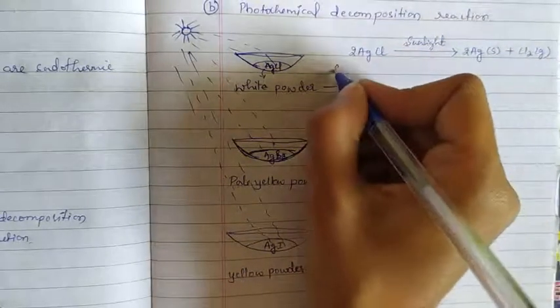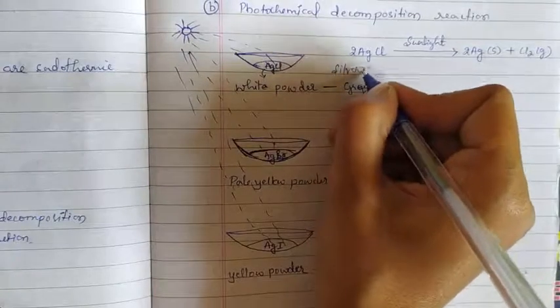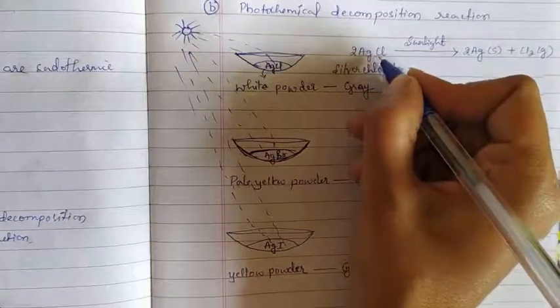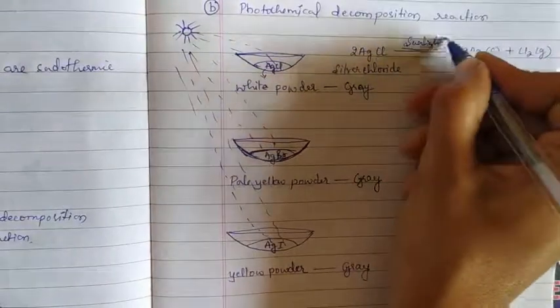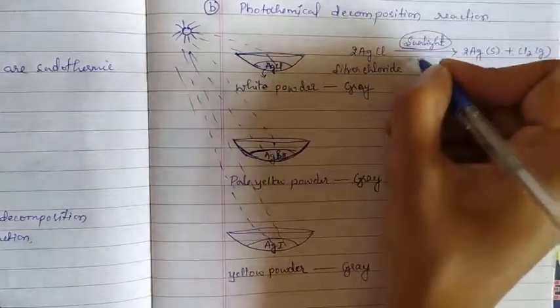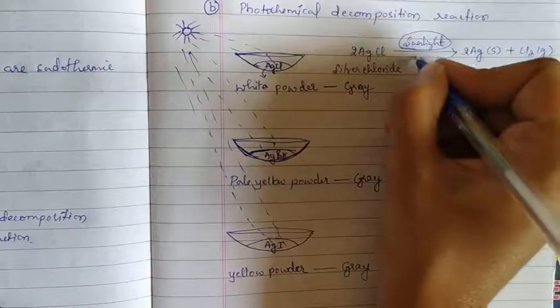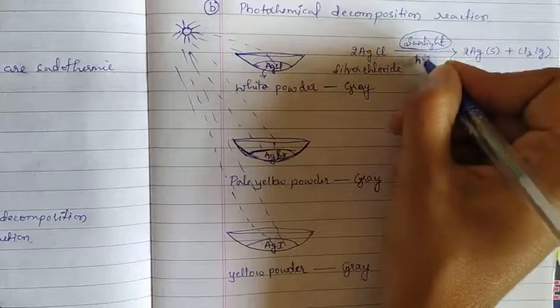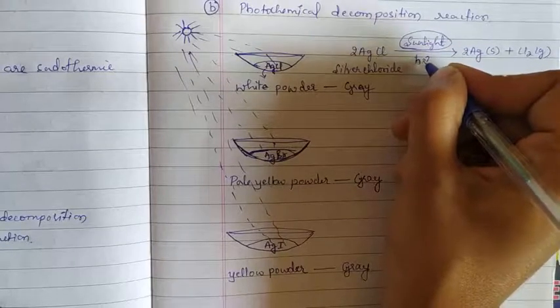Here we will write h nu, which means sunlight, light energy.